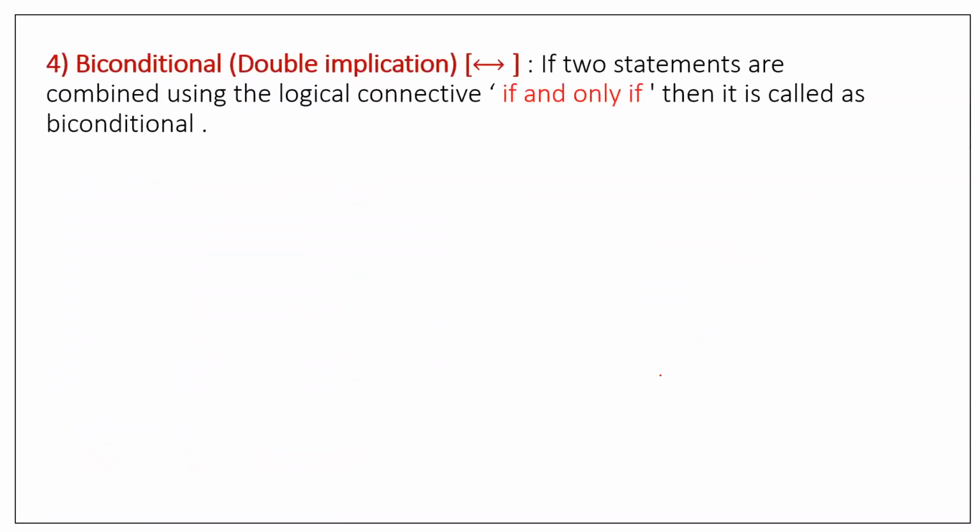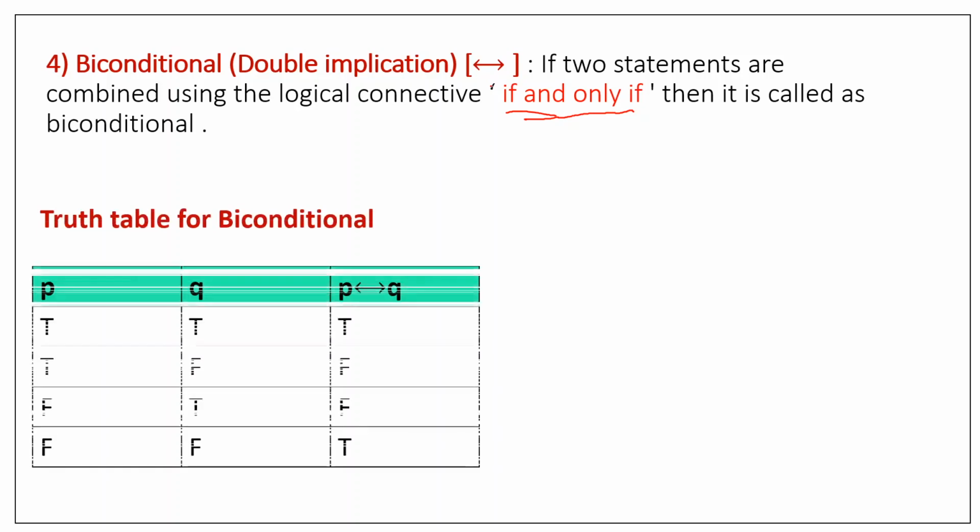The fourth one is biconditional or double implication. If two statements are combined using the connective if and only if, then it is called biconditional or double implication, and this both-way arrow is the notation for biconditional. Now we will see the truth table for this biconditional.